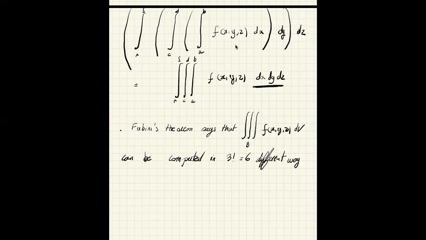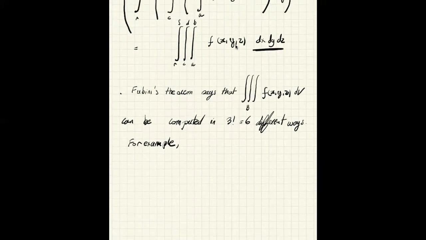For example, if you want to start with dx and then dz and then dy, you can go from A to B as the integral, but now z is allowed to move from R to S, and then y goes from C to D. That is another possibility.